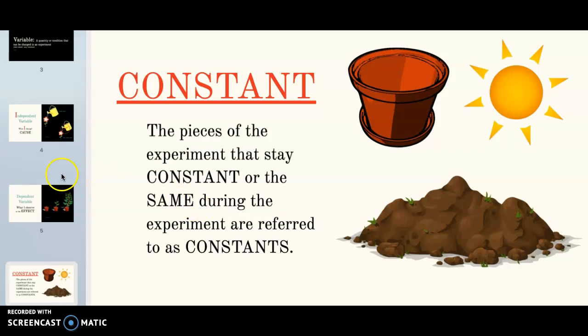So like our plant experiment, we're going to choose to change the amount of water the plant receives, but the constant is the plants must be potted in the same type of pot, located in the same location so that they can receive the same amount of sunlight and also be planted in the same type of soil. Same, constant. Everything has to be the same except for the one change you make, which is your independent variable.